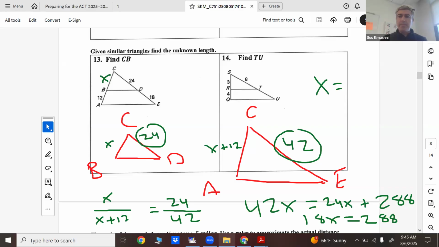To get 16. And it does work, because if you compare the ratios, you'll get the same thing.